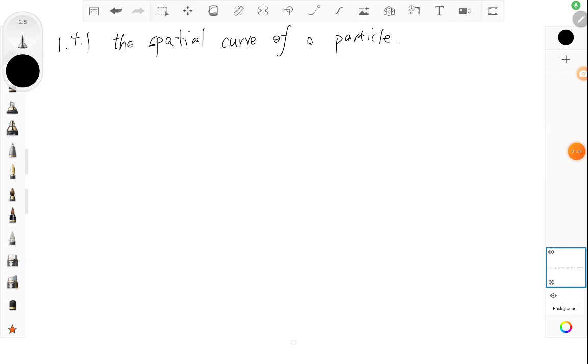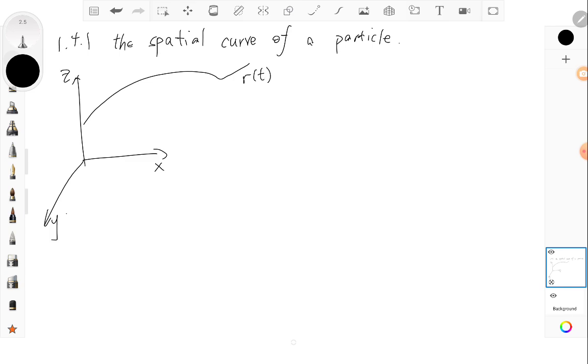To describe how a particle moves in space, we can set up a reference. In this reference coordinate, x, y, and z, we have an object moving, suppose like that. So it can be written as r(t).